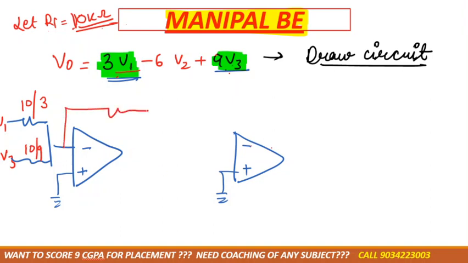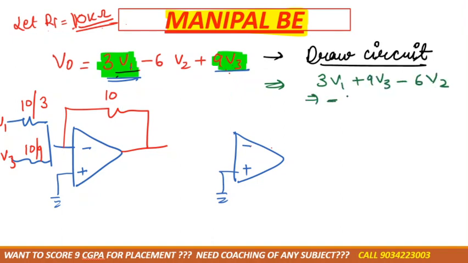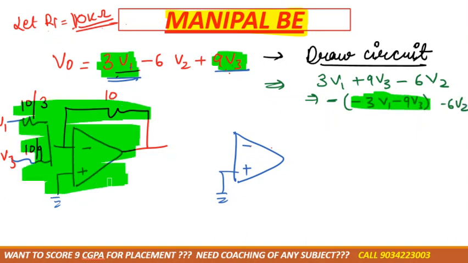Now, as you know, feedback resistance is 10. Now we mark this one, we solve this part, that is 3V1 plus 9V3 minus 6V2. So we simply write it here as minus of minus 3V1 minus 9V3. This green portion we have solved.